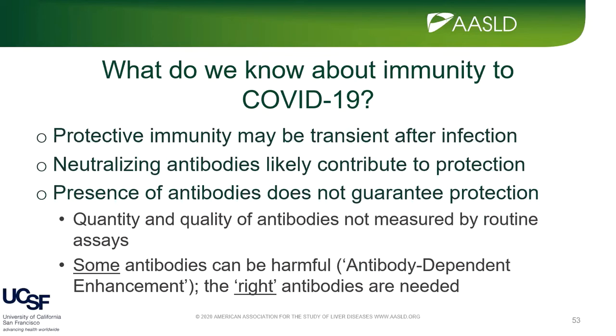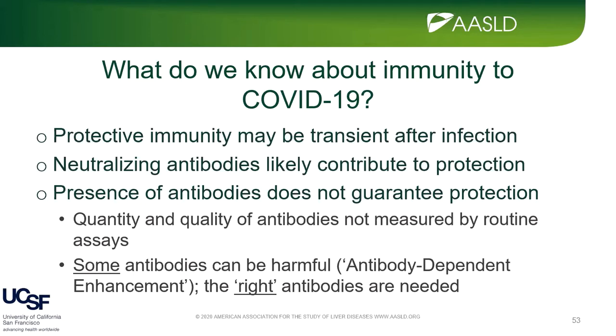So what do we know, or what do we think we know about protective immunity to COVID-19? Some of this is really extrapolated from the earlier SARS-CoV-1, the cause of the SARS outbreak in the early aughts, and some of it from the more recent MERS. Both of those were respiratory transmitted coronavirus diseases.